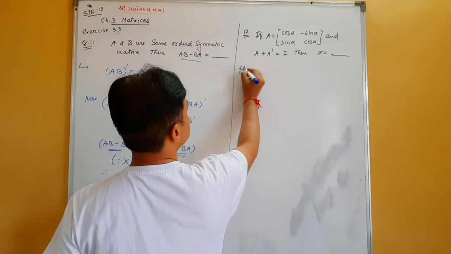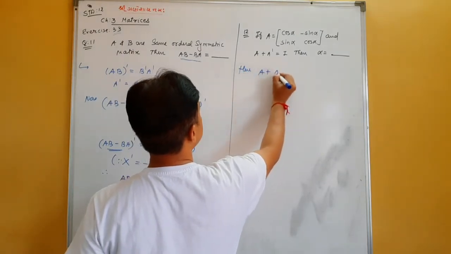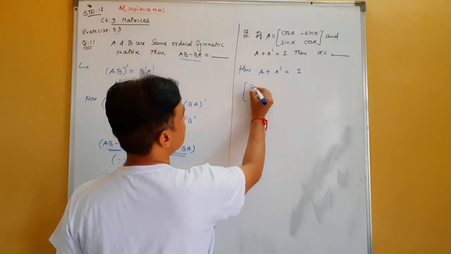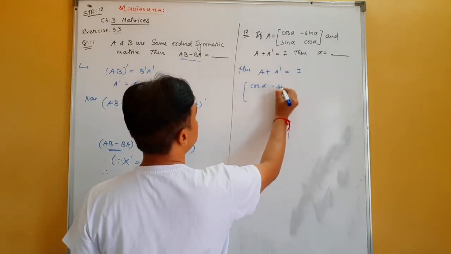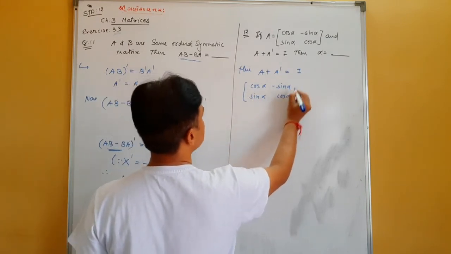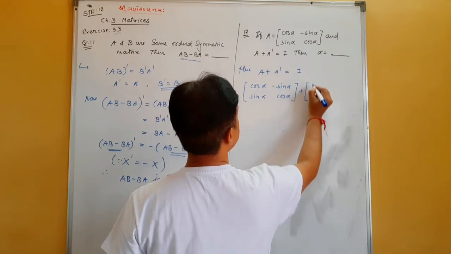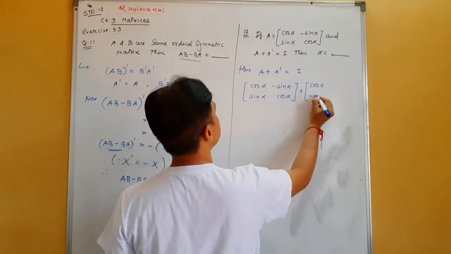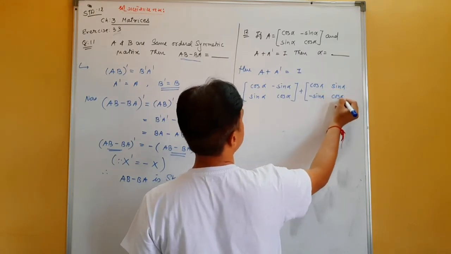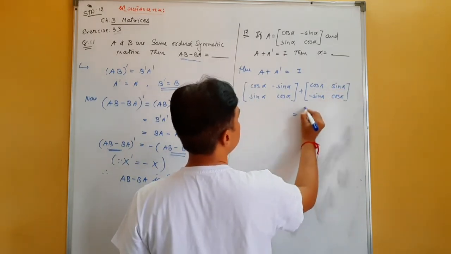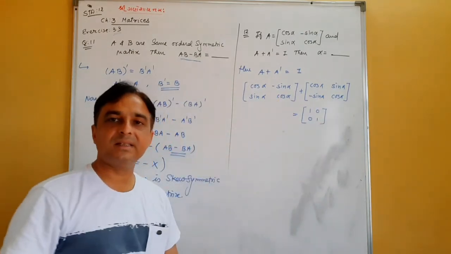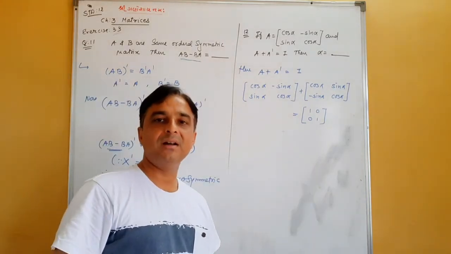So here A plus A dash is I. Now substitute the value: A plus A dash, that is the transpose, equal to I, [1 0; 0 1]. It is a 2 by 2 matrix, that means our identity matrix of order 2.